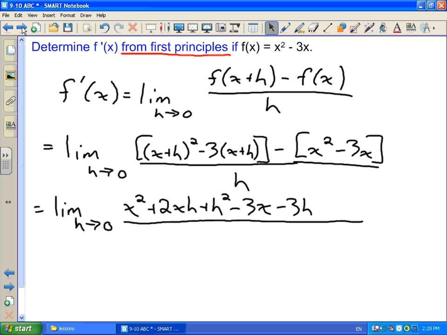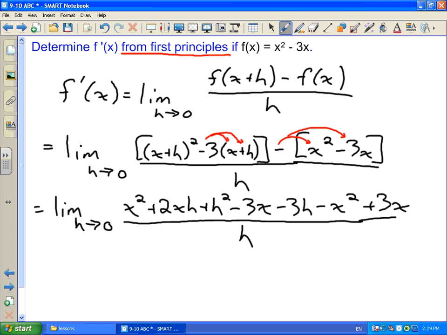Remember this negative here applies to both of these terms. And same thing over here. I want to apply this negative sign here and here as well. So this will be minus x squared plus 3x.